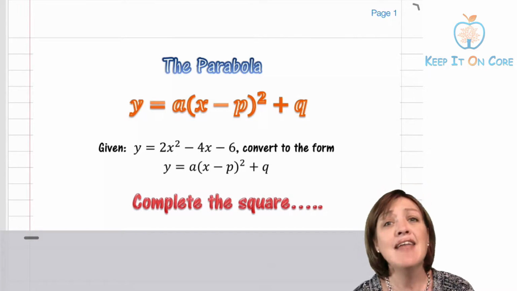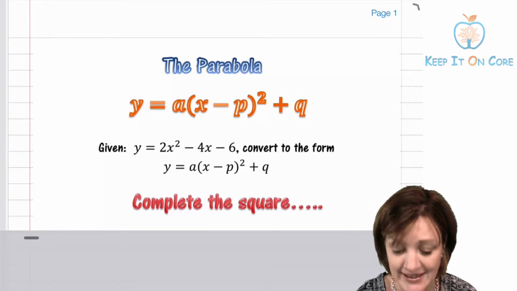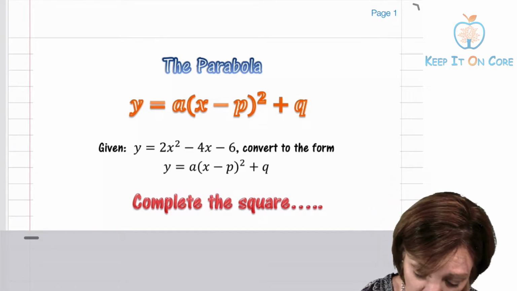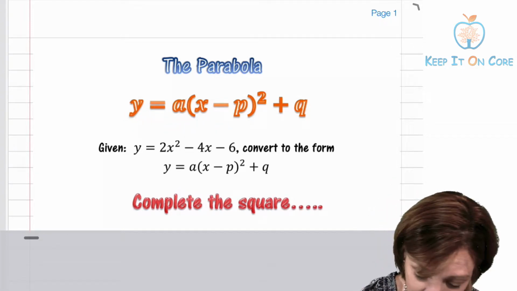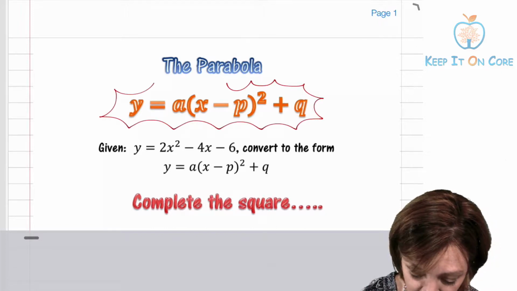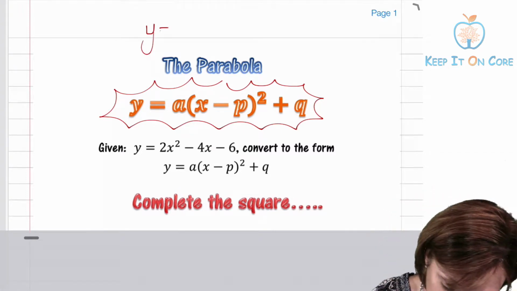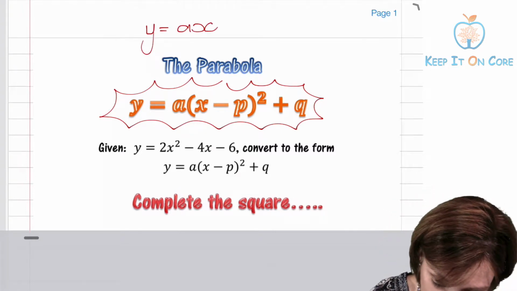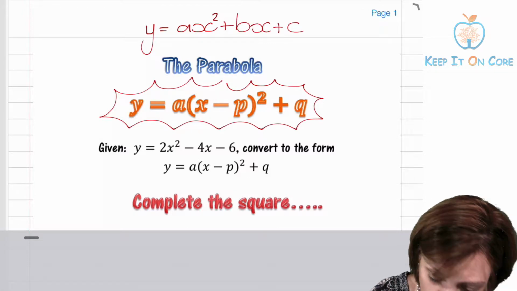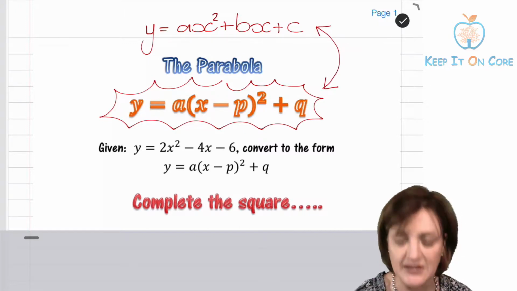Now, there's a new form of our equation that we can work with as well, and that comes in the form y = a(x − p)² + q. If the equation we had originally was y = ax² + bx + c, what's the connection between these two equations?